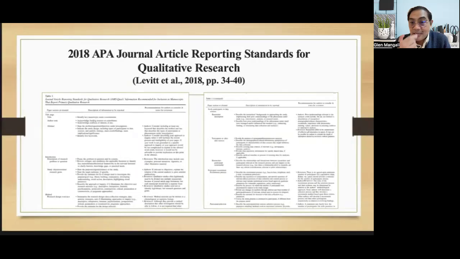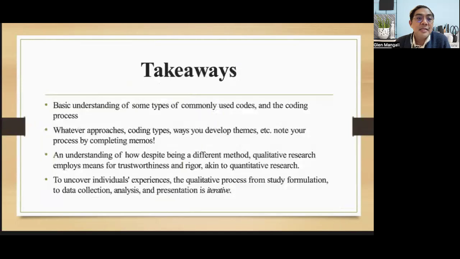So having said all these things, what can we learn as we end our discussion on qualitative research, gathering and interpreting data? Number one, that a basic understanding of some types of commonly used codes and the coding process is needed, and it should be accomplished by everyone who's doing qualitative research. And whatever approaches, coding types, ways, you need to develop themes and note the process by completing memos.